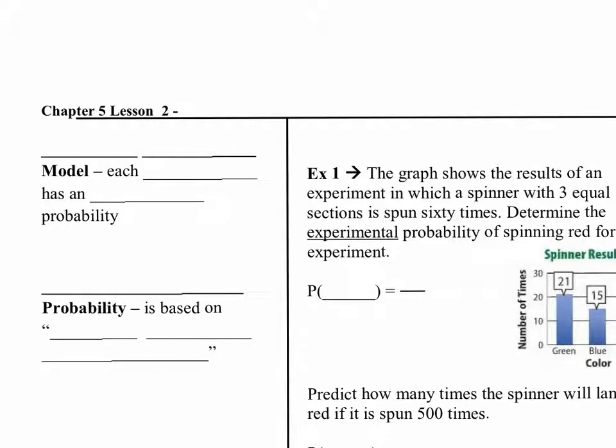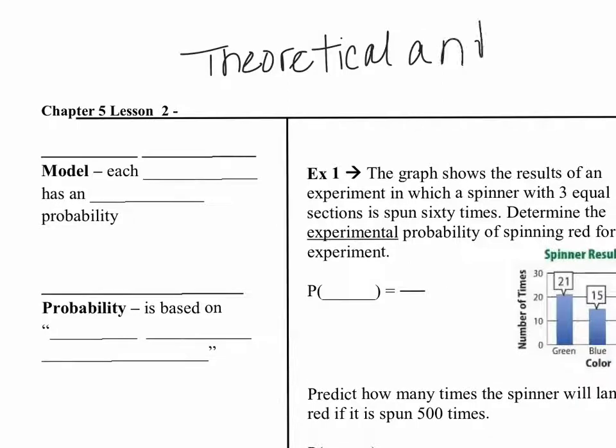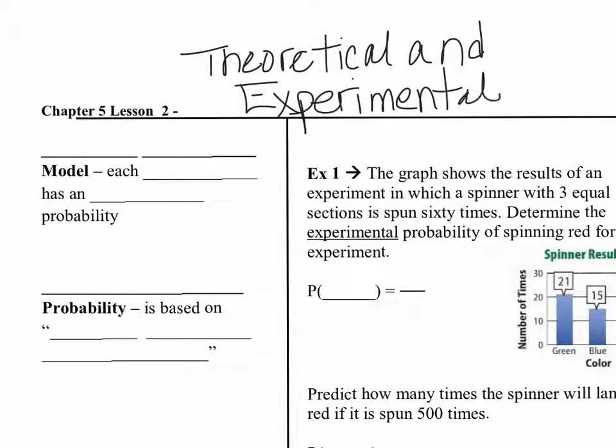Chapter 5, Lesson 2 is on theoretical and experimental probability.